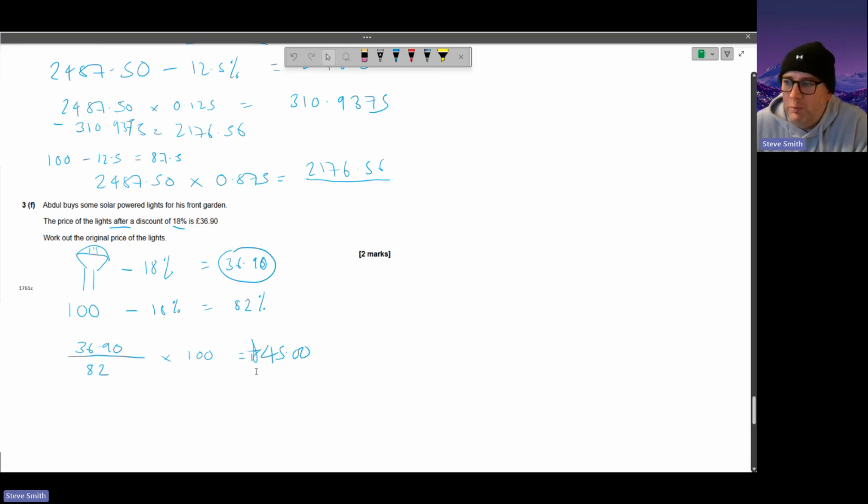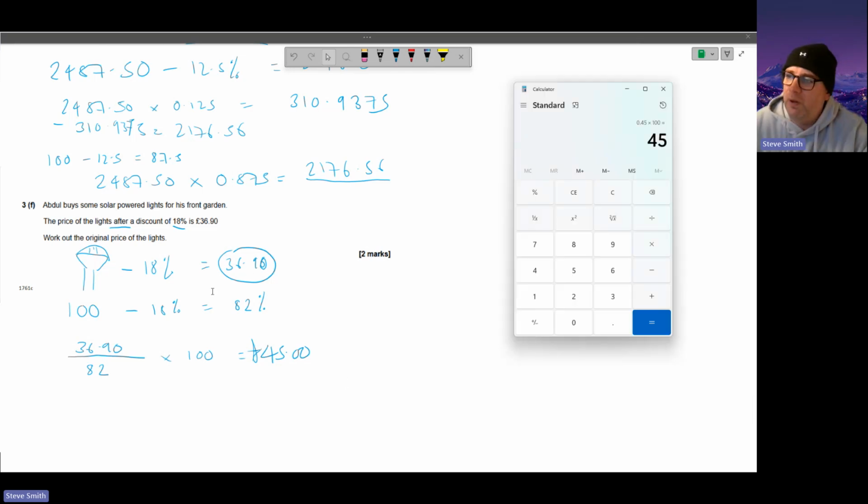If you wanted to do it backwards from there and work out what the discount is and check your workings are correct, we know that this value represents the 82%. So we go 45 multiplied by 0.82. And we've got our price that is stated after the discount.